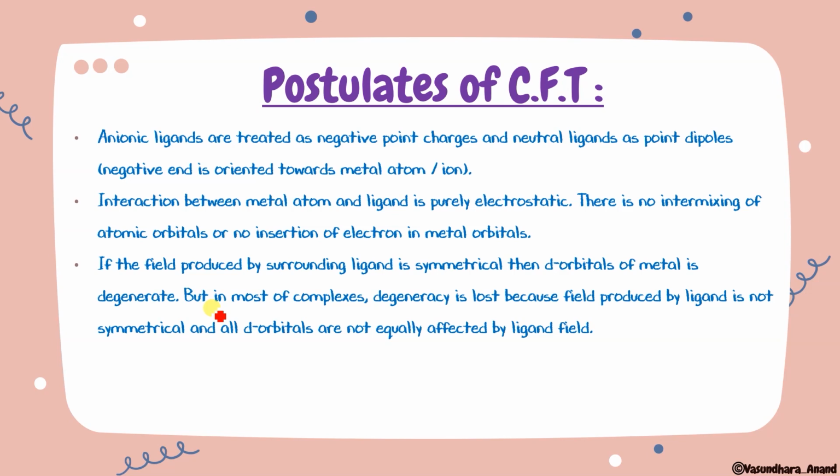But in most complexes, degeneracy is lost because the field produced by the ligands is not symmetrical and all the d orbitals are not equally affected by the ligands. This loss of degeneracy is due to strong field and weak field ligands, which I explained earlier in the hybridization concept: due to a strong ligand, the electron is pushed back for pairing, and in the weak ligand case it is not possible.